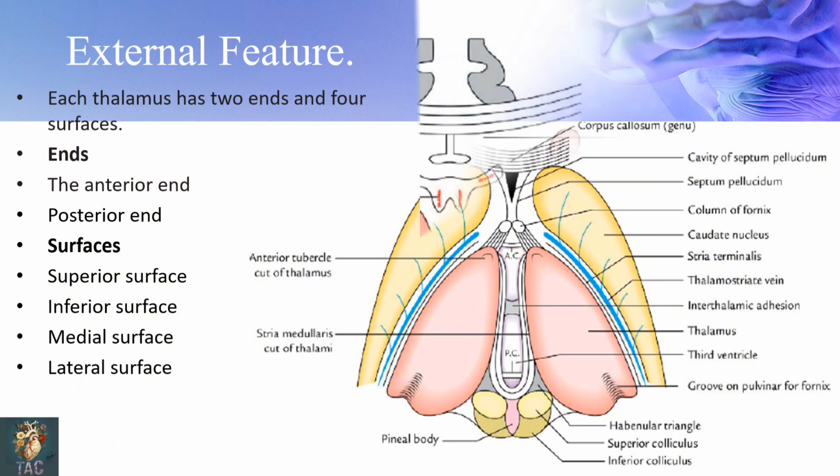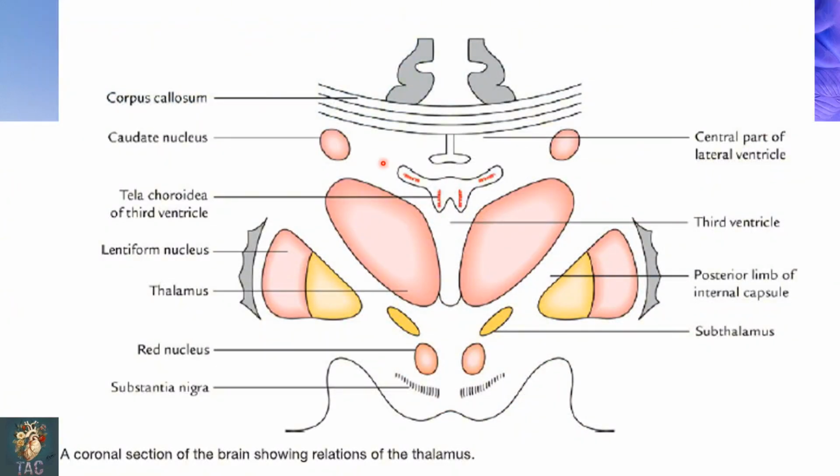So here in this diagram also you can see the different relationships of the thalamus in a coronal section. These are the thalami, and this one is the cavity of the third ventricle. So the medial surface of the thalamus is related to the cavity of the third ventricle. These are the cavities of the lateral ventricles. This one is the central part.